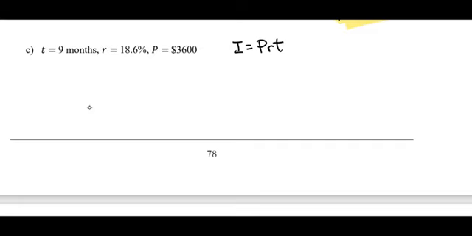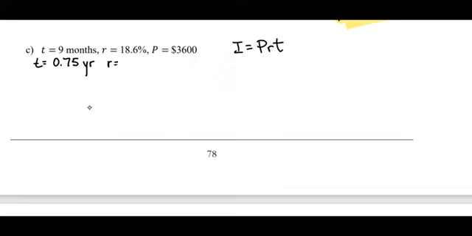So before I drop these values, I need to make sure that I am dropping them in the format that the formula expects. So the time needs to be expressed in years. I have 9 months. 9 months is 0.75 of a year. It's 3/4, 0.75 of the year. So I'm going to use 0.75 for T.